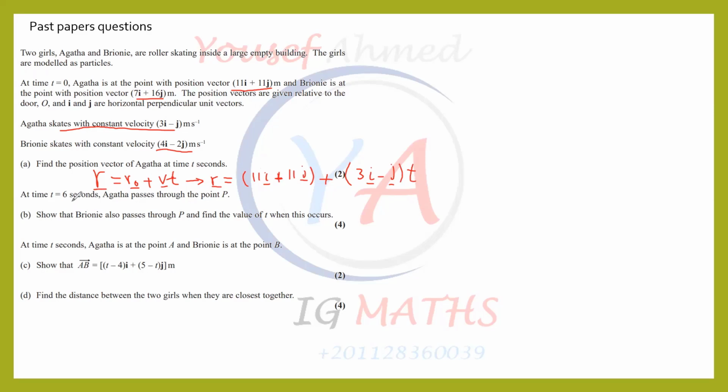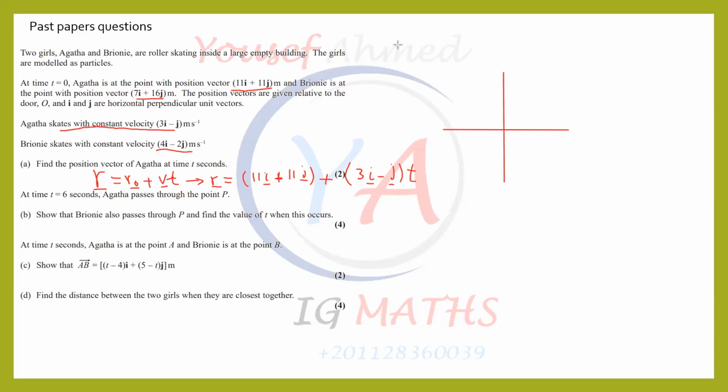At time t equals 6 seconds, Agatha passes through the point P. Show that Biruni also passes through P, and find the value of t when this occurs. So after 6 seconds, Agatha reaches a point P. Let's draw a quick grid to understand this point.